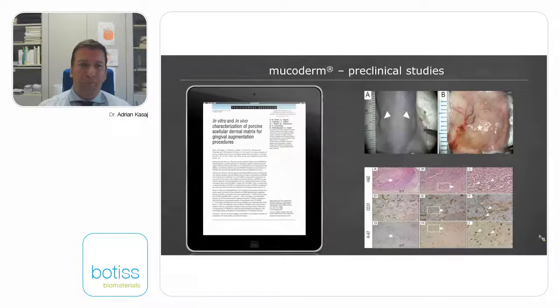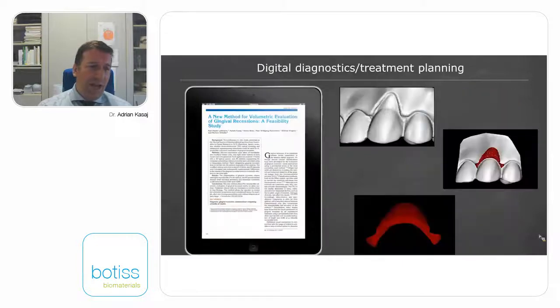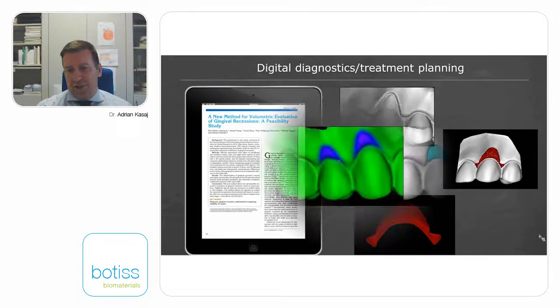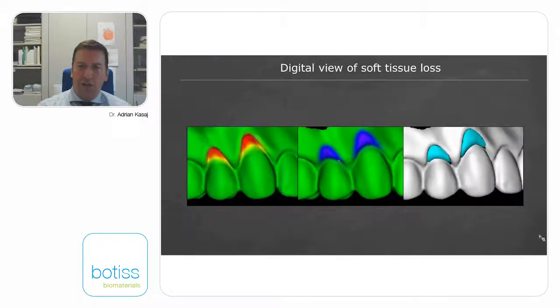healing period. The next thing we look at in our studies, and this one was published by Dr. Lehmann as the first author, was to look how we can employ a 3D optical system for digital diagnostics, also treatment planning to quantify soft tissue loss.